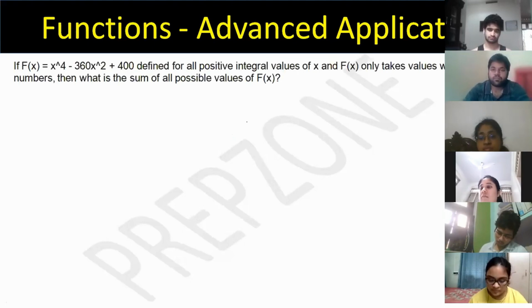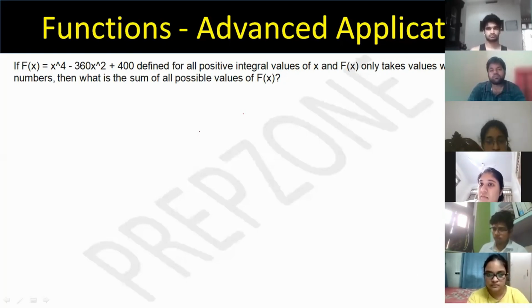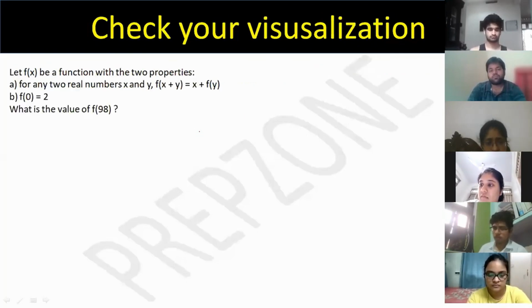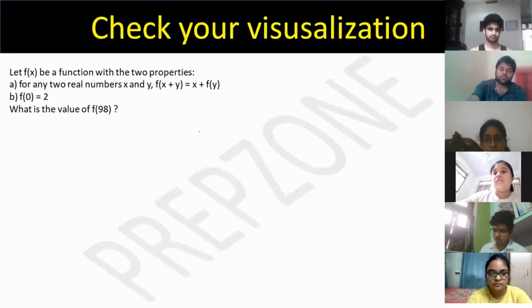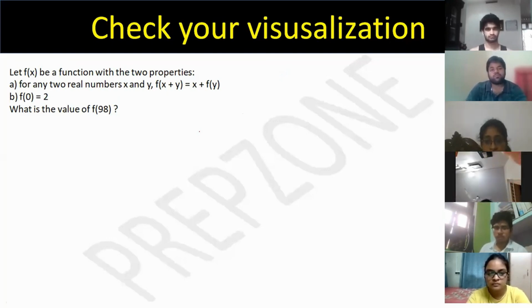And the second homework question is this. Okay, so this is the next question as a homework. Next question is this. If you want, you can also share it in your group, only in the PrepZone groups.